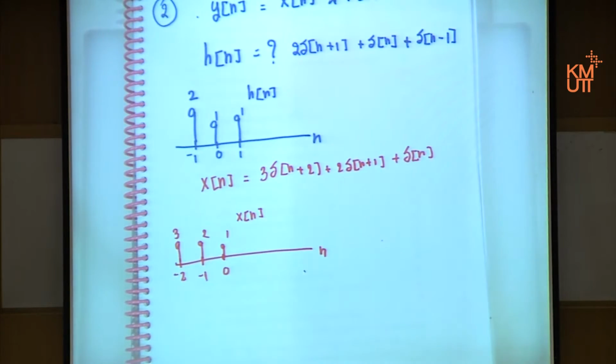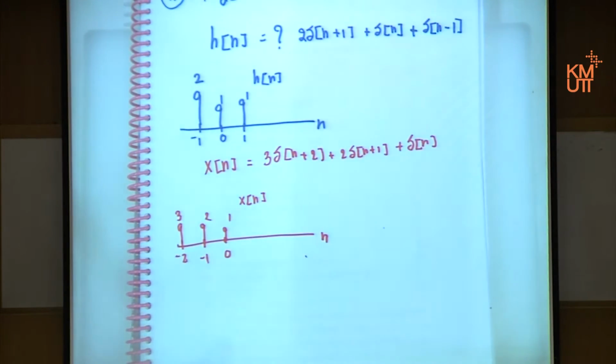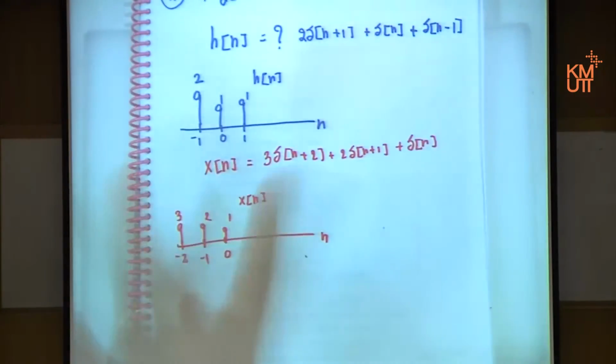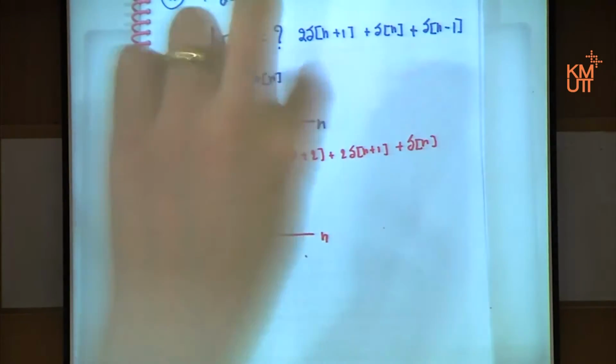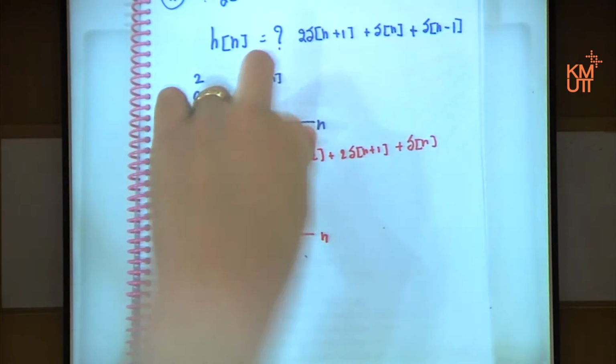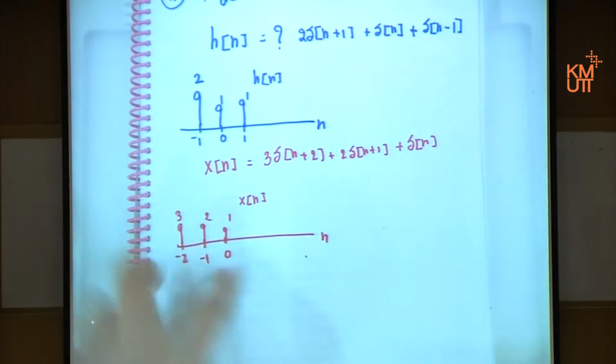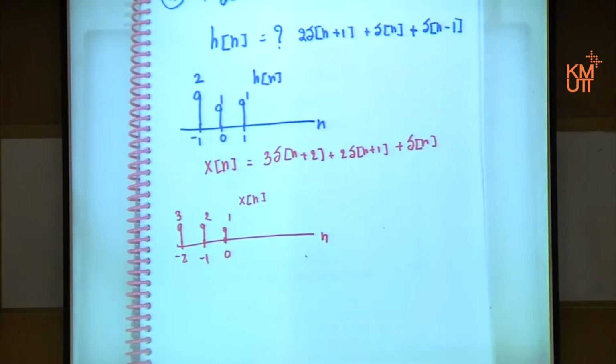The first step of convolution is to change the independent variable from n to k. Do you still remember the equation for convolution? If you have h[n] here, you need to change it to h[k]. If you have x[n], you need to change it to x[k].